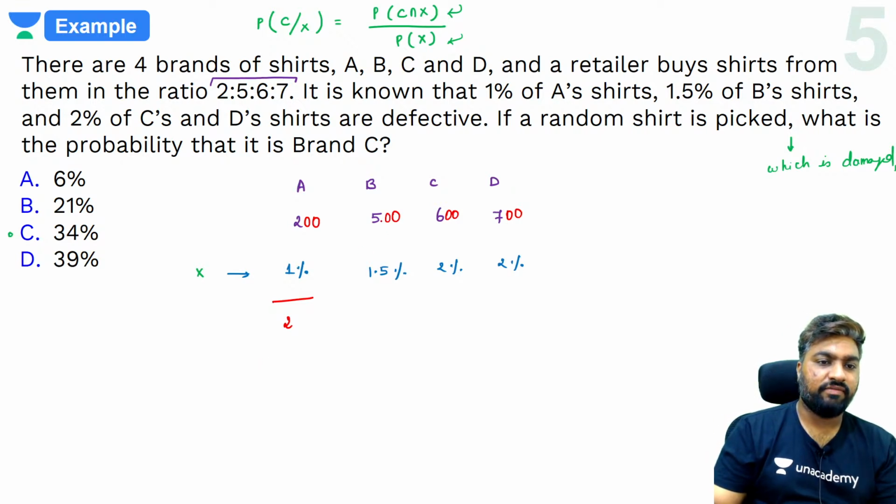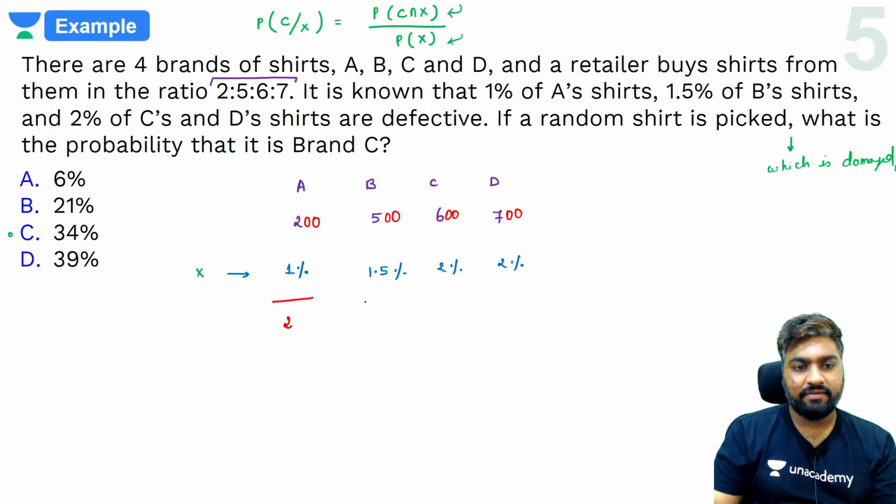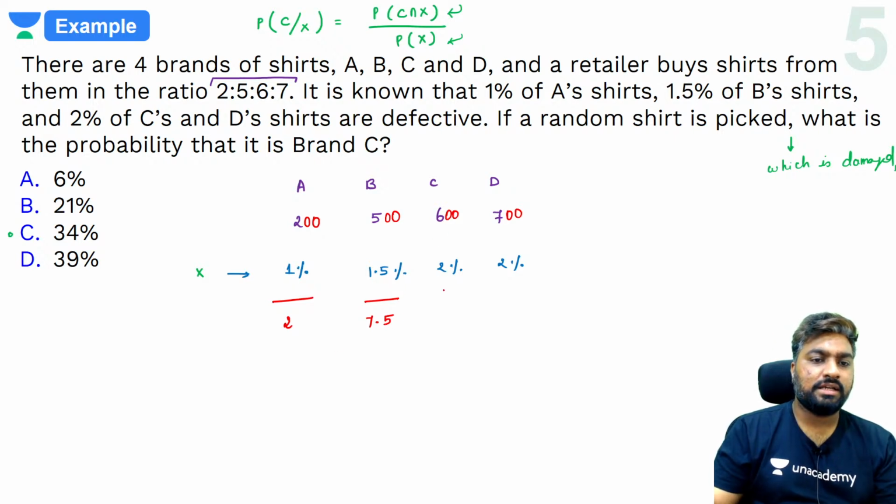Here 1.5% of 500 will be how much? 7.5. 2% of 600 will be how much? 12. Correct. 1% is 6, 2% will be 12. 2% of 700 is how much? 14.